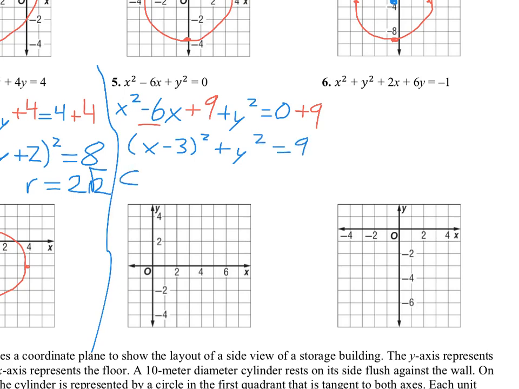So our center is 3, 0, and our radius is the square root of 9, which is 3. So our center is here at 3, 0, and we need to go up, down, left, and right 3 units.